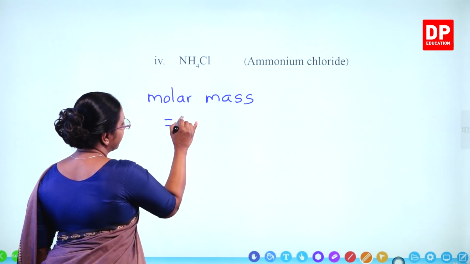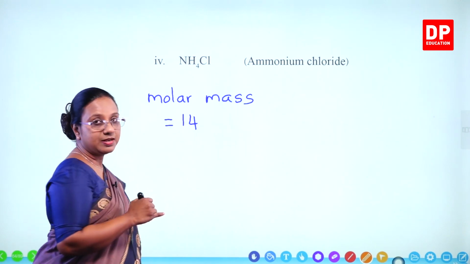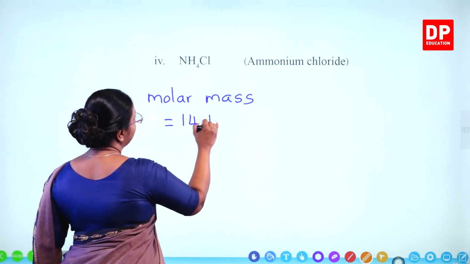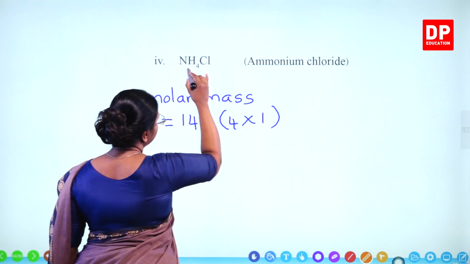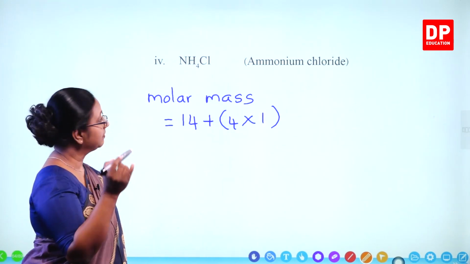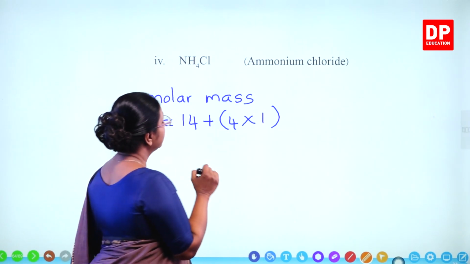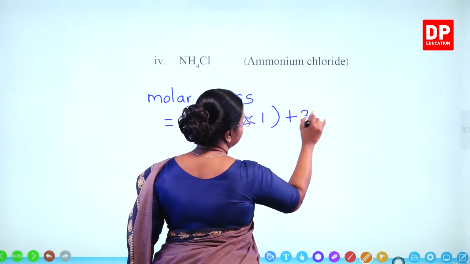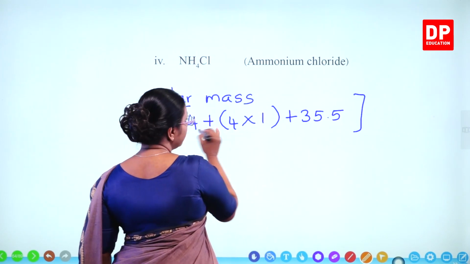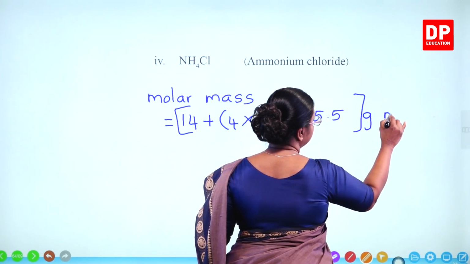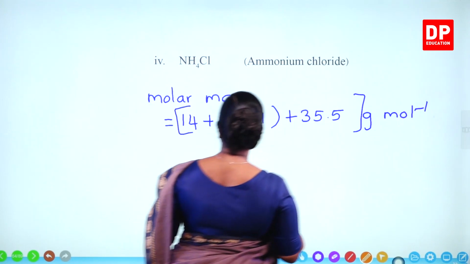Ammonium, there is 1 nitrogen, relative atomic mass 14, plus hydrogens, there are 4 into 1 by RAM, that is relative atomic mass is 1, 4 into 1, plus 35.5. And as I told you, I will write the unit, gram per mole.